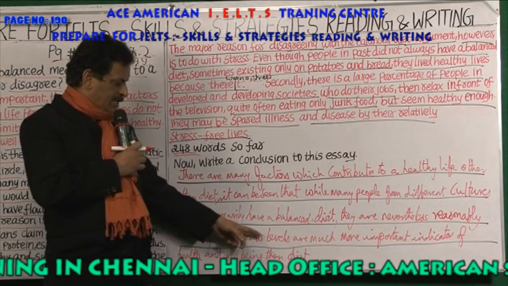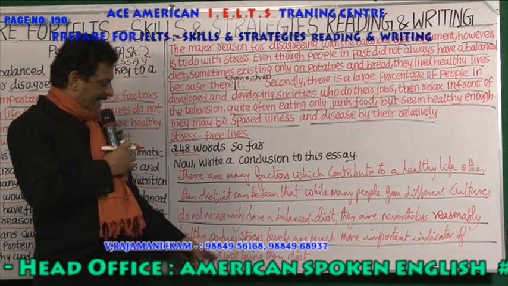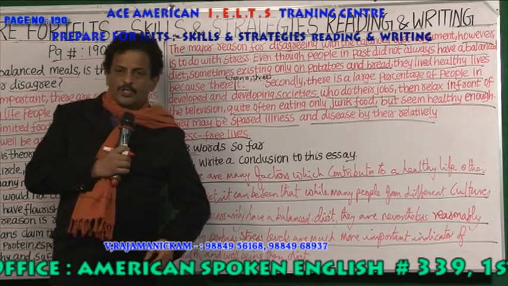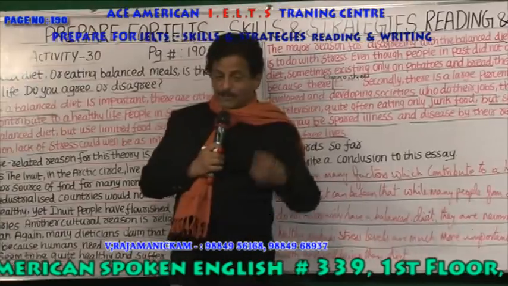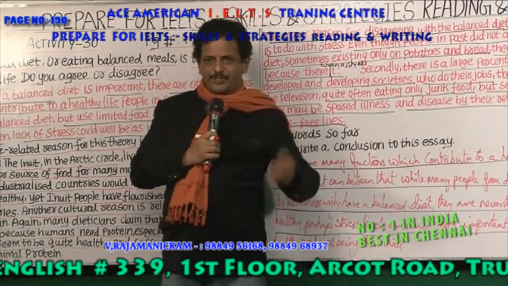Perhaps stress levels are a much more important indicator of health and well-being than diet. So the stress factor is the most important, he says, rather than all that balanced diet.